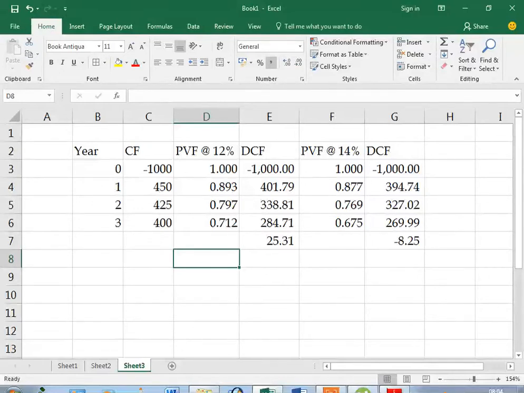The rule is that the trickiest part will be to decide what rate to start with.